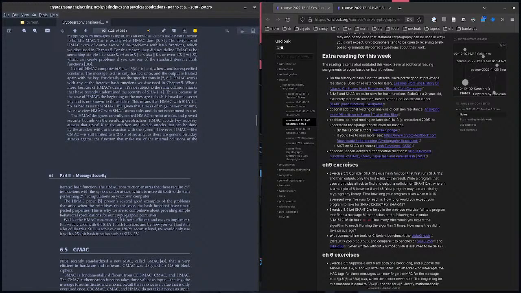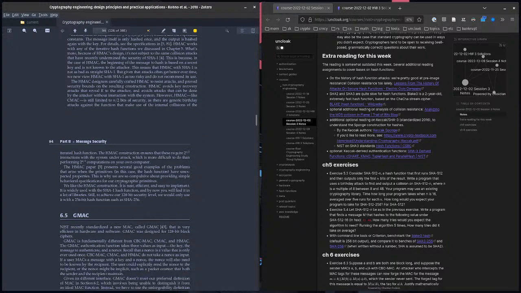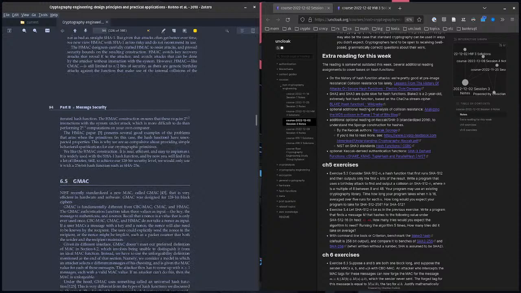But the whole premise with the sponge construction hash functions is that you aren't worried about length extension attacks. So you pay in performance for this security of HMAC.